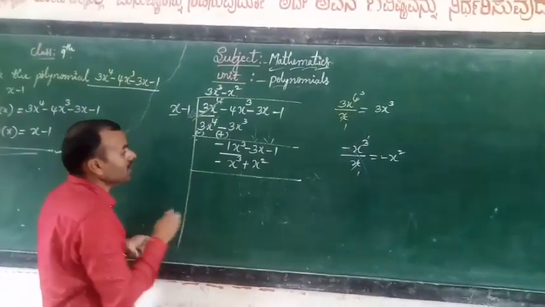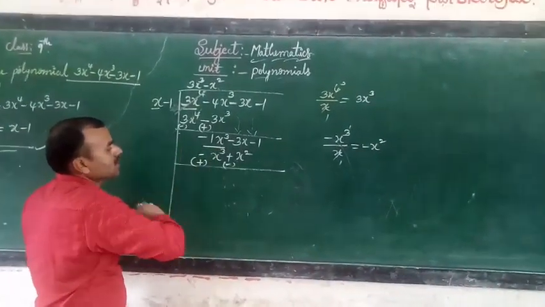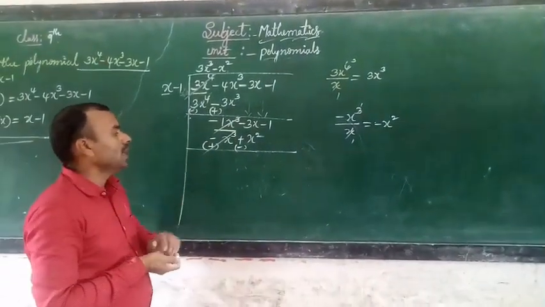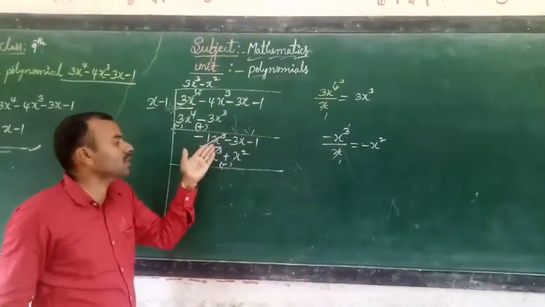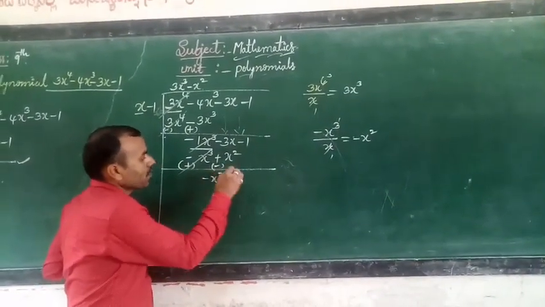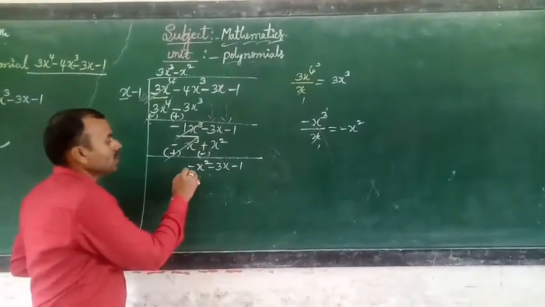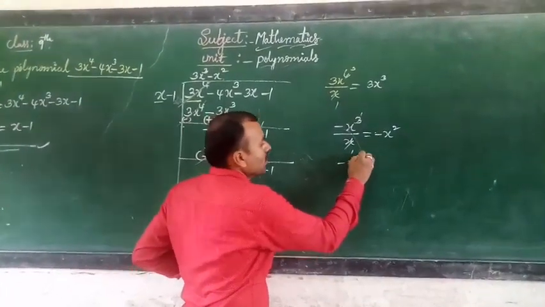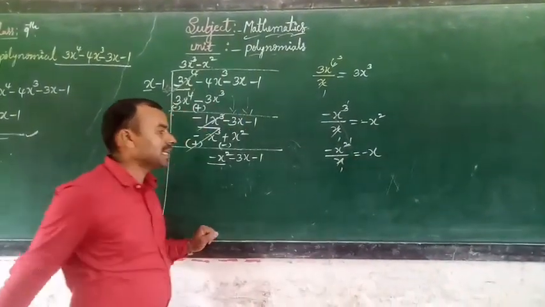Next, changing the sign, plus x cube, minus x cube get cancelled. Here minus x square. In the first expression there is no x square, so write as it is, minus x square. Next minus 3x, write as it is, and minus 1. Now also divide the first term of the dividend by the first term of the divisor, minus x square by x. x once, minus x.